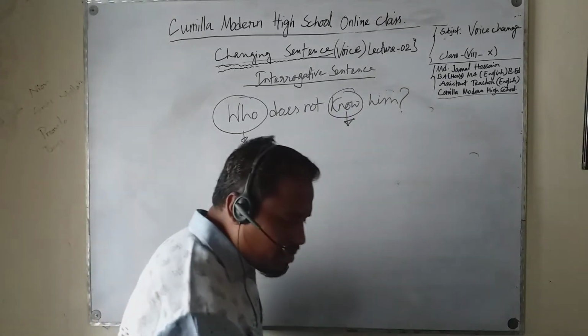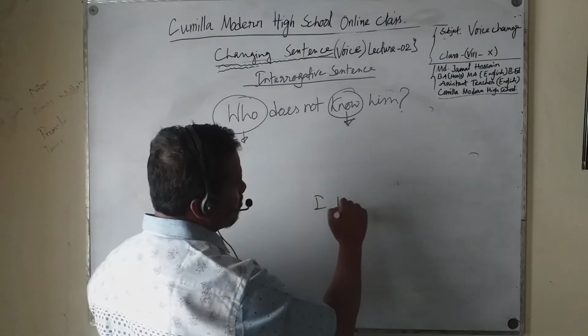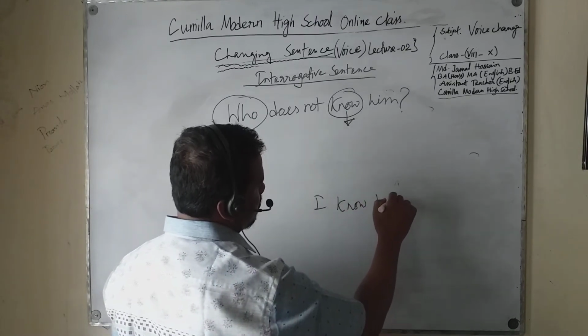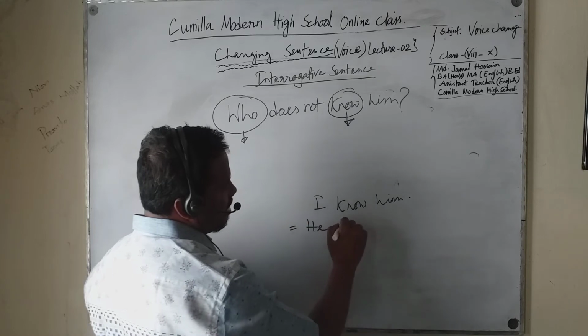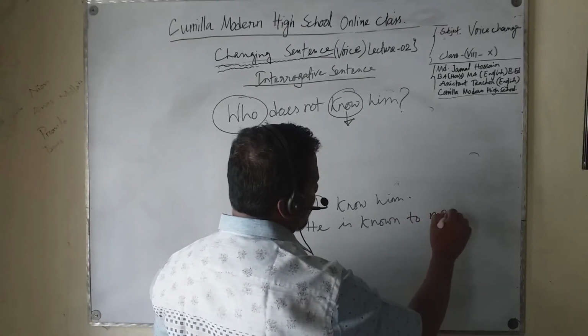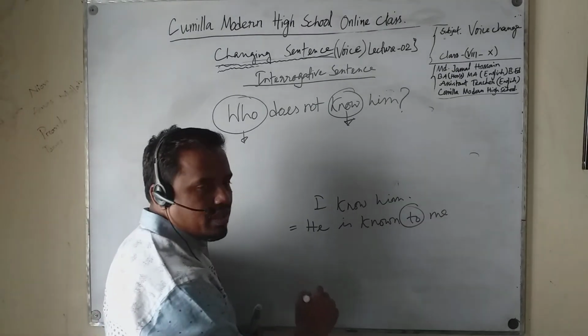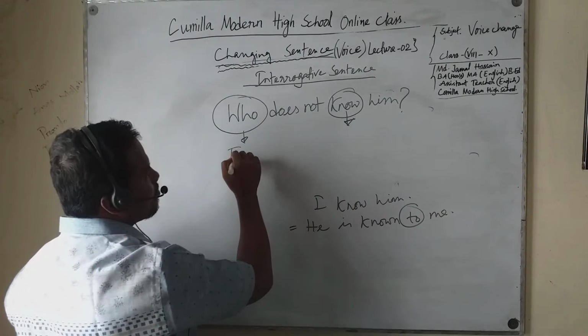And if I write something like, I know him, we transform this in this way. He is known to me, not by me. He is known to me. That's why in case of this sentence, you have to use to whom.